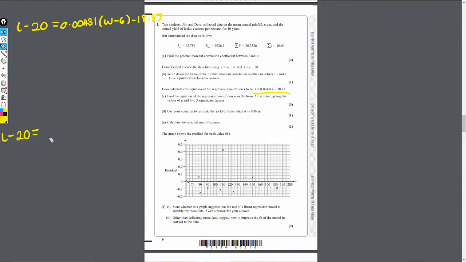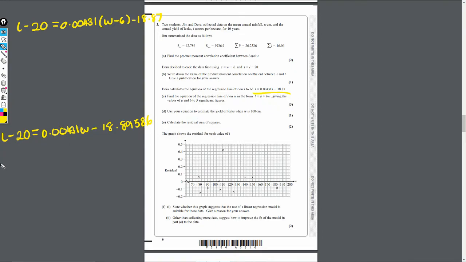Expand this bracket, so you get 0.00431W, and then I've multiplied the 0.00431 with the minus 6, and then perform this with the subtraction of 18.87 as well. Doing all that, what you'll get is minus 18.89586. Then finally, to get this in terms of L, so it's L equals a plus bW, we just have to add 20.